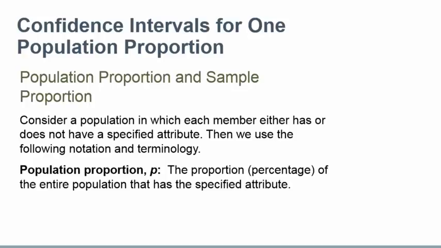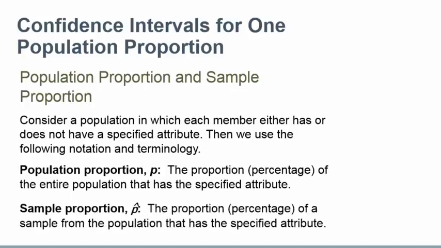Population proportion P: the proportion, percentage, of the entire population that has the specified attribute. Sample proportion P hat: the proportion, percentage, of a sample from the population that has the specified attribute.